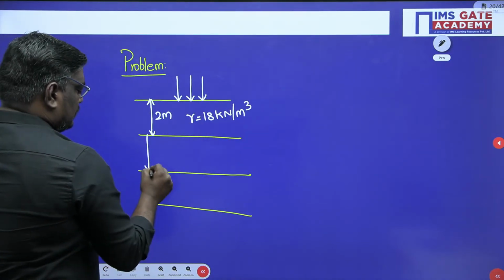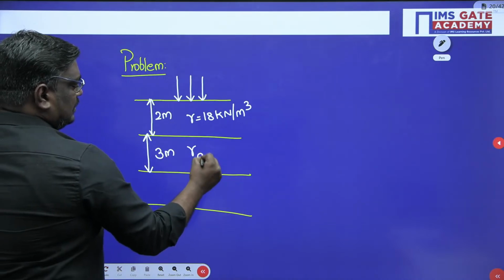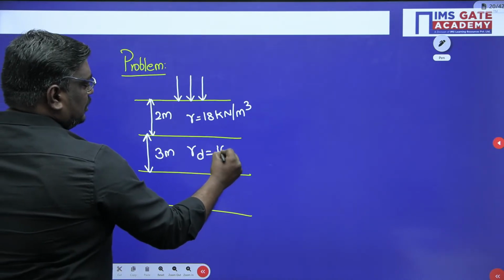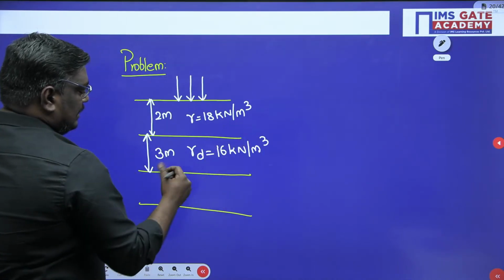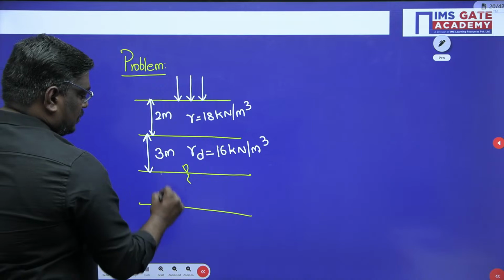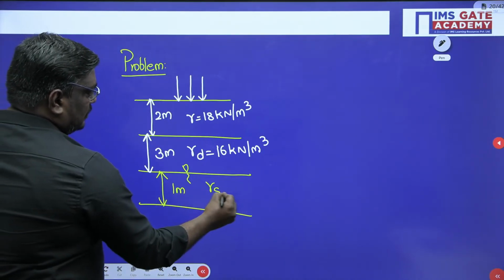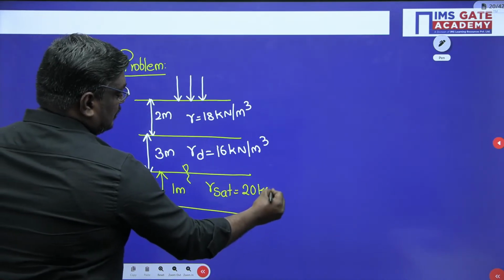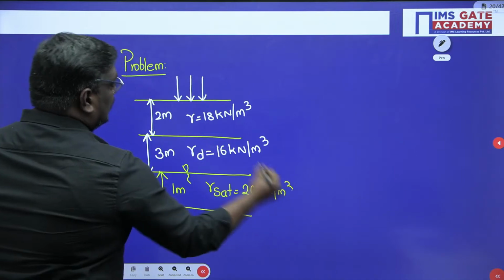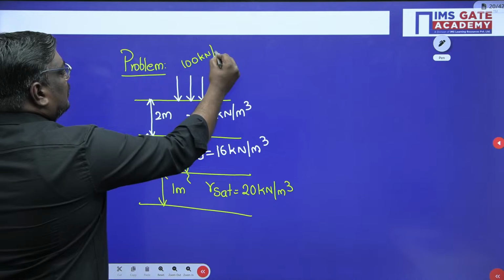Here we have 3 meter, gamma D equal to 16 kilonewton per meter cube, and here we have a water table which is 1 meter, where gamma sat is equal to 20 kilonewton per meter cube, and the surcharge is 100 kilonewton per meter square.